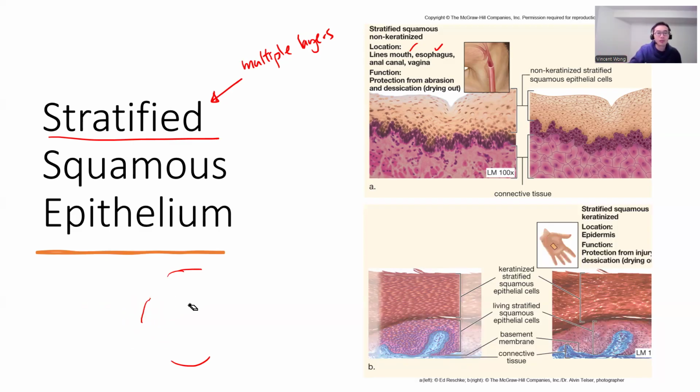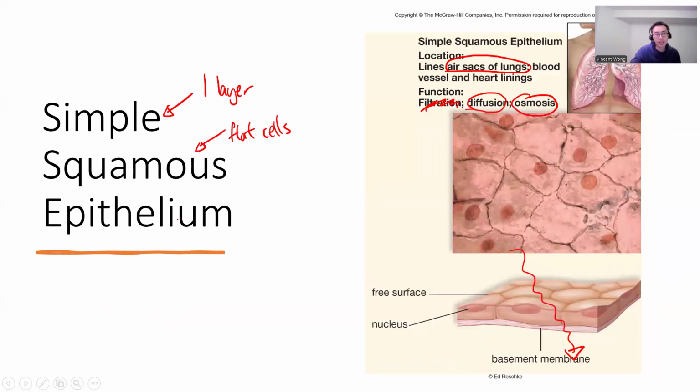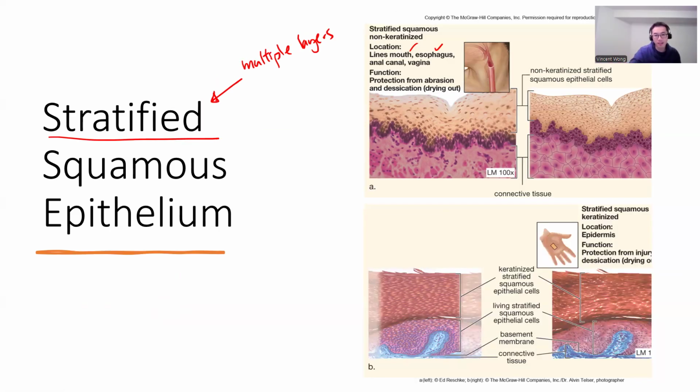So for the surface of the eyeball, you would want simple squamous as opposed to stratified squamous. Is this okay? I hope so. If you don't understand, ask. All right, moving on.